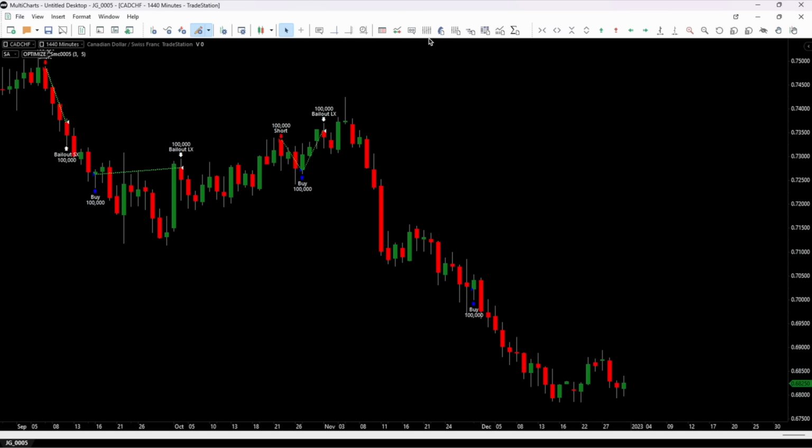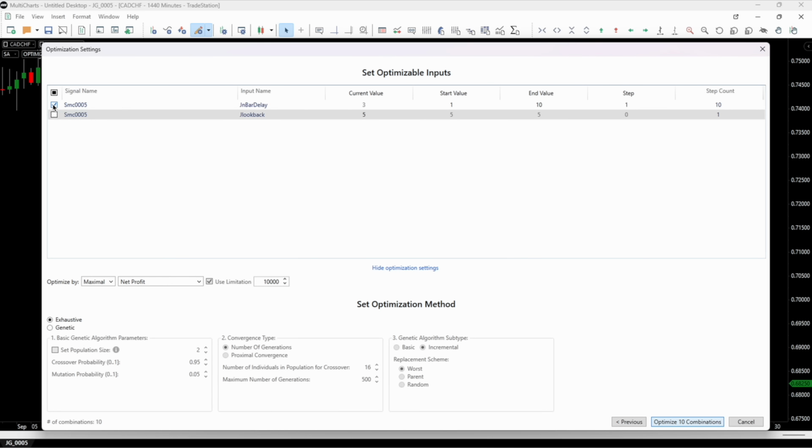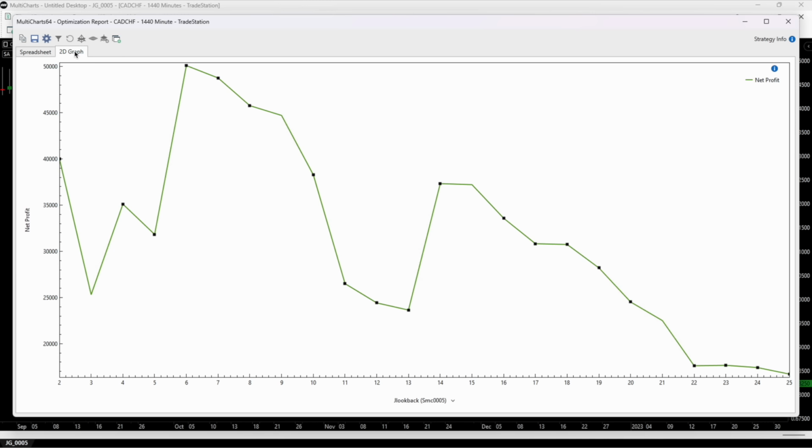But I want to do another optimization looking at that look back length. So we're going to leave the bar delay at 3, and then we're going to optimize the look back length from 2 to 25 in steps of 1. Again, here we're looking at the net profit versus the look back period.